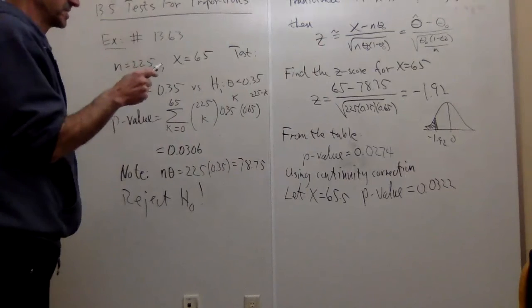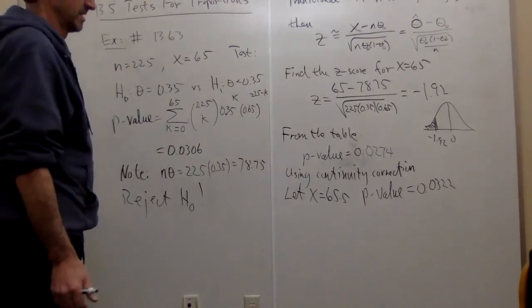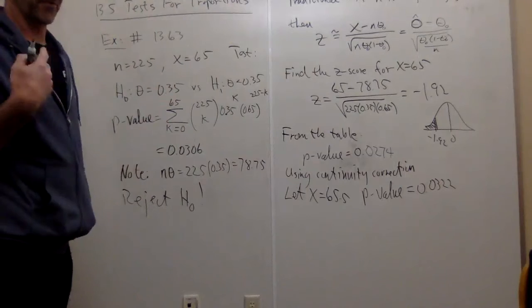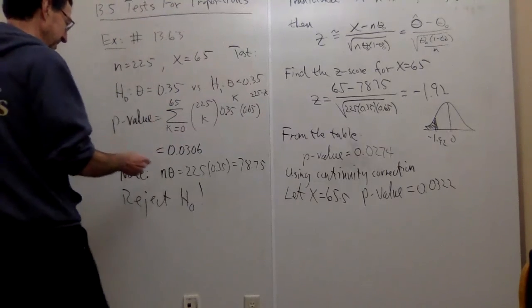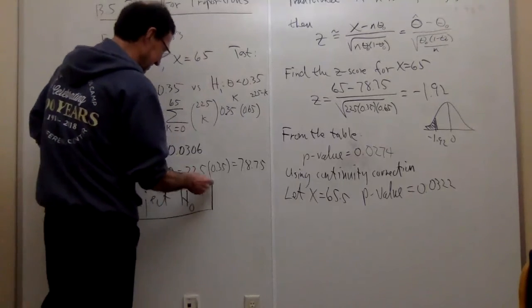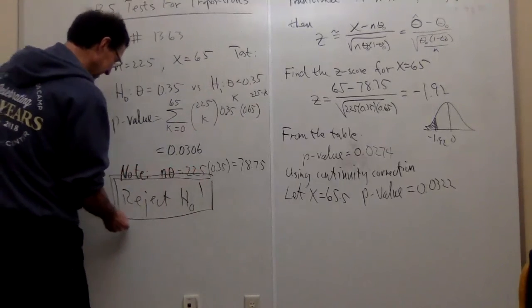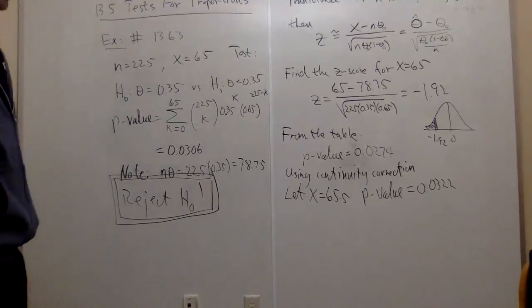Once I convert to the Z, pretty much everything is like what we did for means, for mu, when we had large samples, before we had to use the T. So all three ways give us pretty good data that we really need to reject H0.